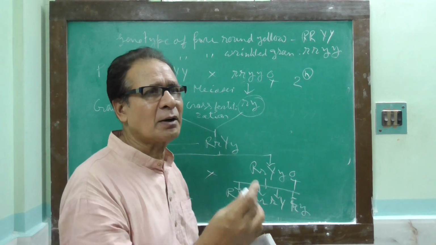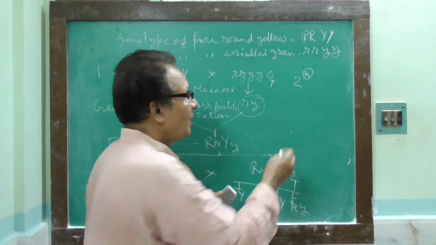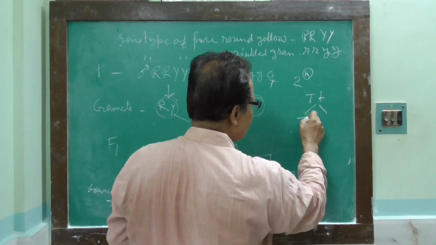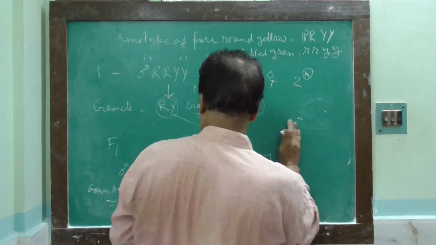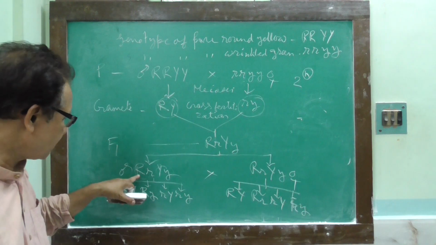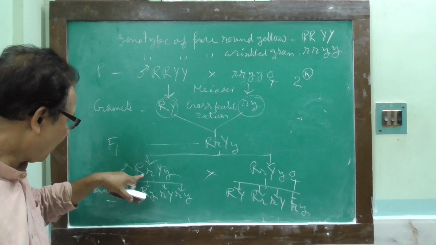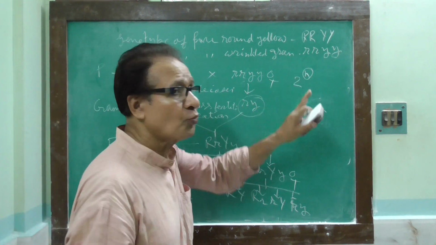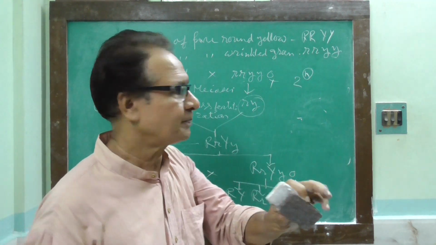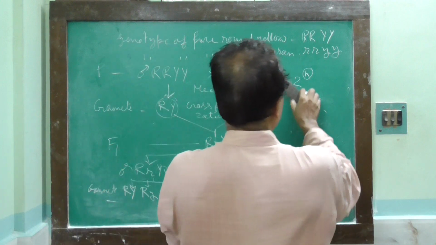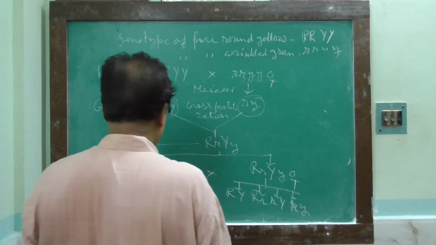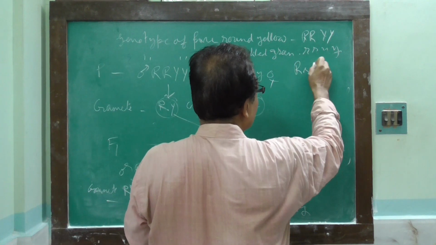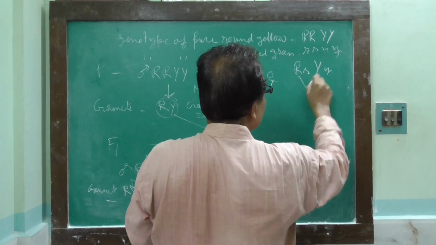So 2 to the power 1, two types of gametes are produced, that is capital T, small t. Here the contrasting pairs are 2, capital R, small r, capital Y, small y. So 2 to the power 2, four types of gametes will be produced. And during gamete formation, you follow this rule. Do not do it in this way; it is a bad habit.